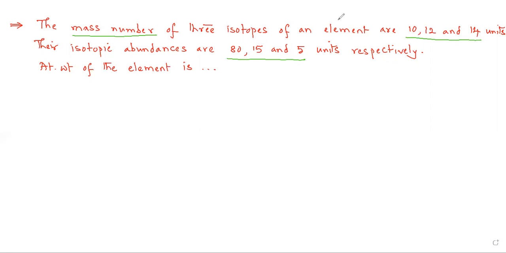I gave you one example when we discussed isotopes, the example of chlorine. Now come on, atomic weight of the element can be given as, you know, isotope with mass number 10 has an isotopic abundance of 80.